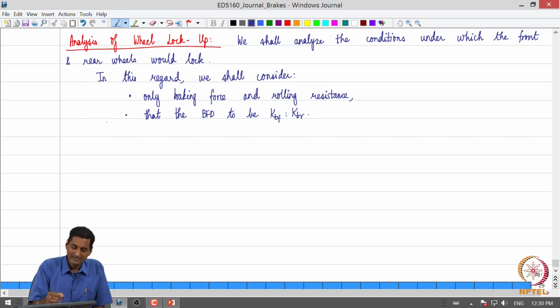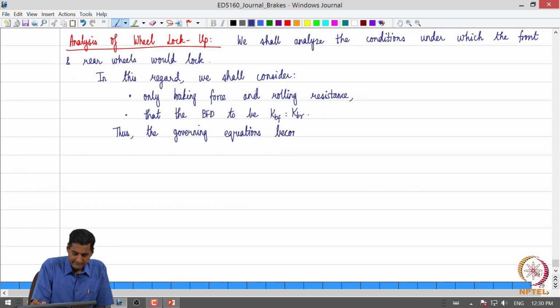We consider the same free body diagram under these assumptions. In the presence of only braking and rolling resistance, we neglect the other resistances. Thus, the governing equations become the following.